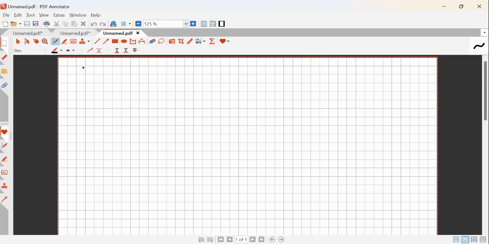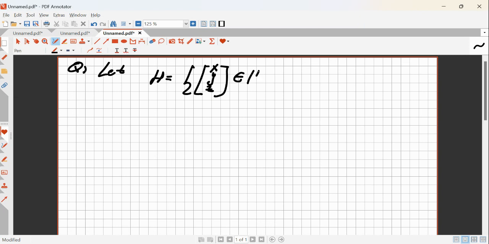For example, the question is: let H equal the elements in one matrix x, y, z in R cube, that is x minus y plus 2z equals 0, where x, y, z are just real numbers.